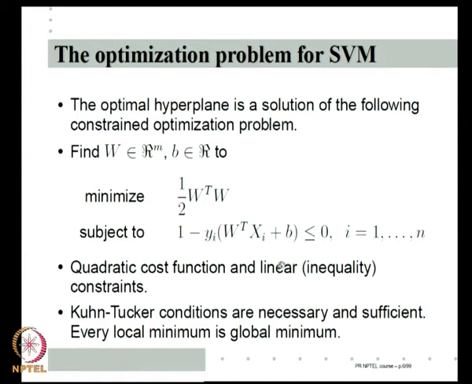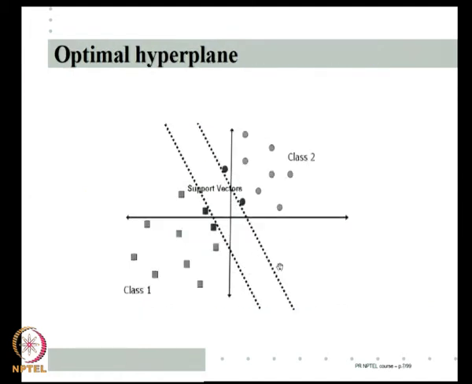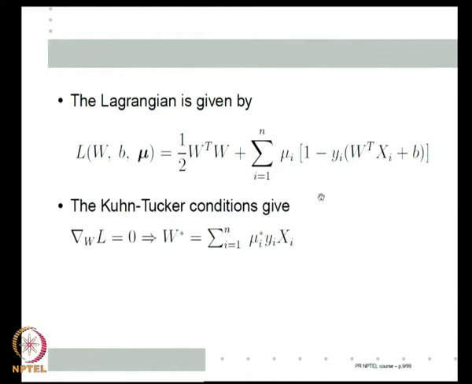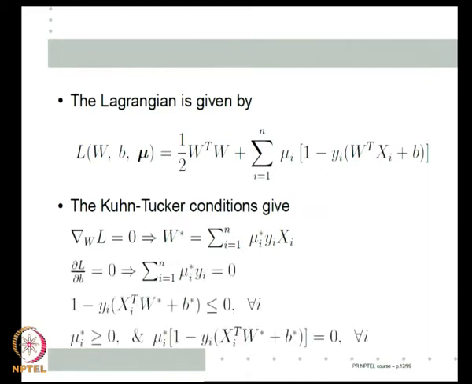In my Lagrangian, each constraint will have its own Lagrange multiplier. So, each Lagrange multiplier is tied to a particular example. I can talk of the Lagrange multiplier for that example, because each Lagrange multiplier is for a constraint and each constraint is for an example.